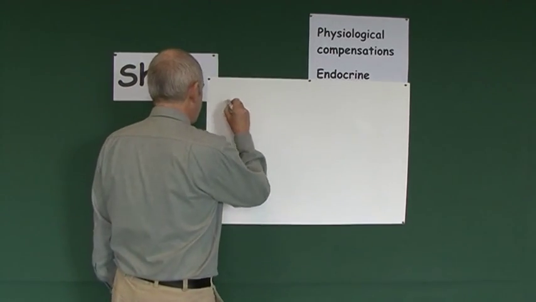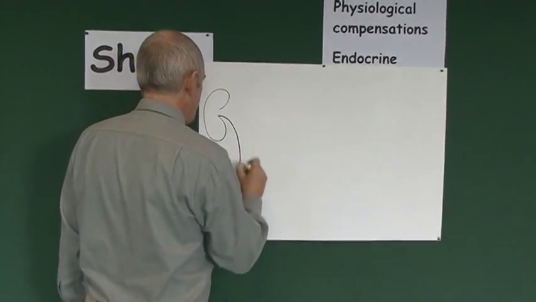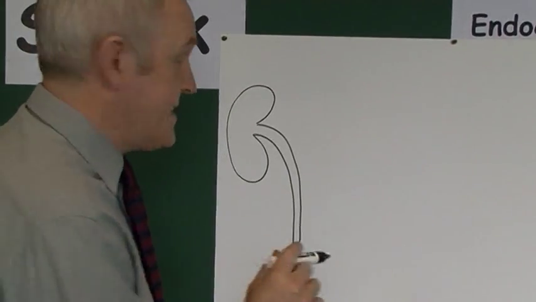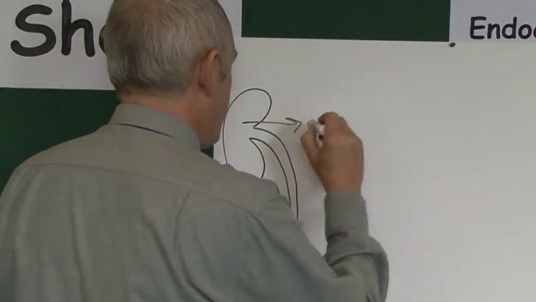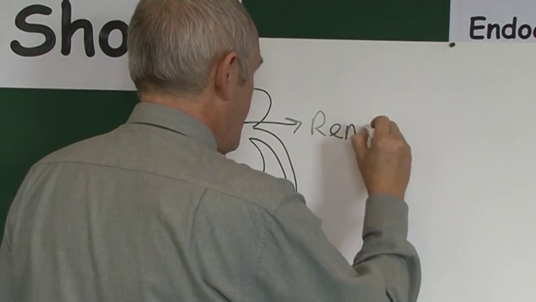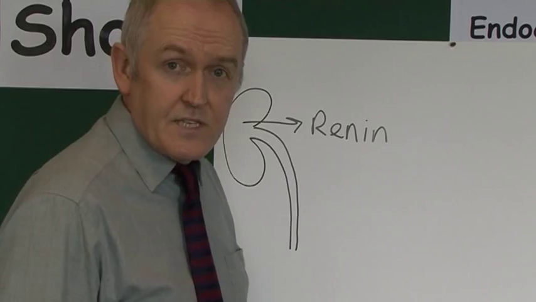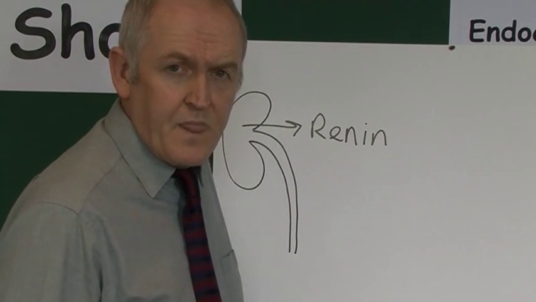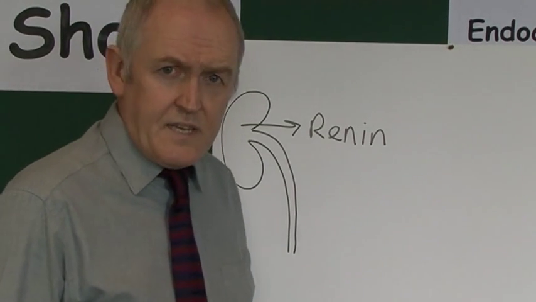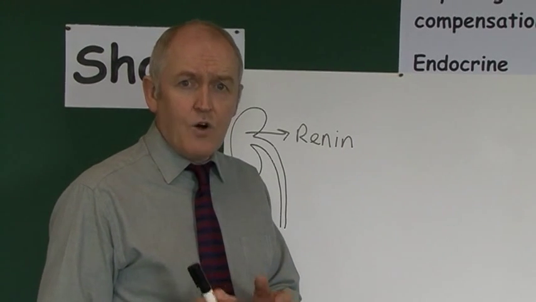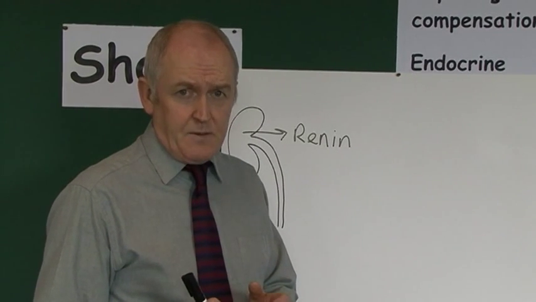So here we have a kidney. And if the blood pressure starts to drop, the kidney secretes renin. So the amount of renin in the blood is going to increase. Now, in the blood already, there's a protein produced by the liver called angiotensinogen.